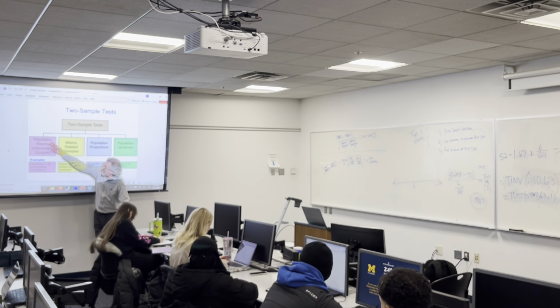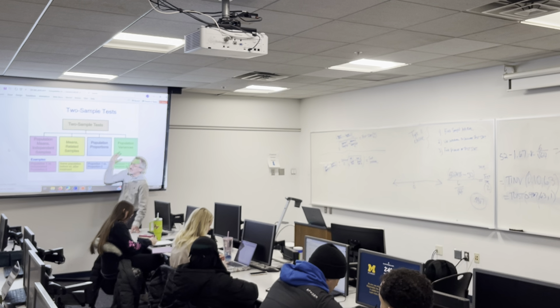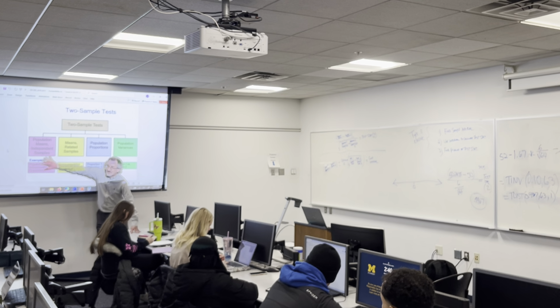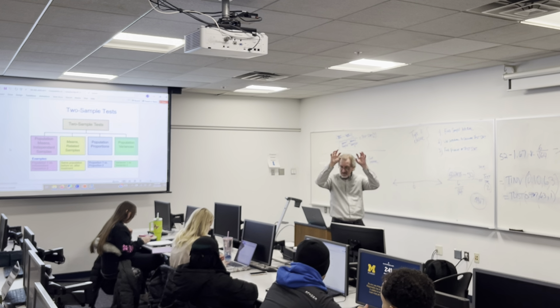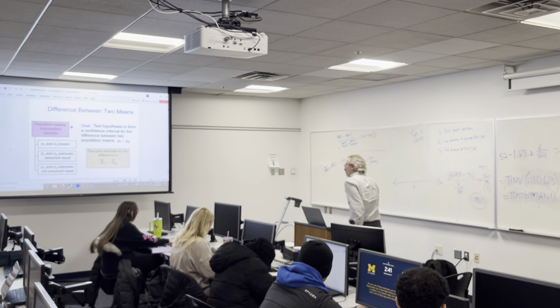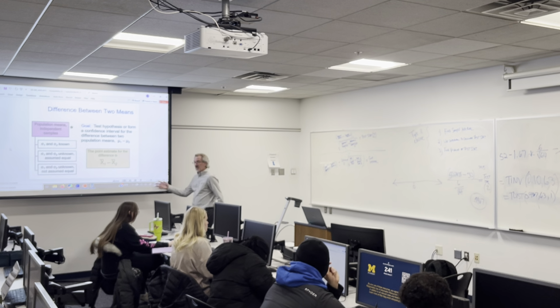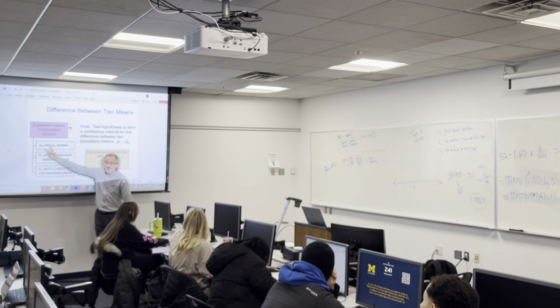And then here, population means of independent samples, but we have like 3 equations in this one. And here's the reason why there's 3. Each sample could be coming from a population where the population standard deviations are known, and we would use Z, just like confidence intervals, just like hypothesis testing.